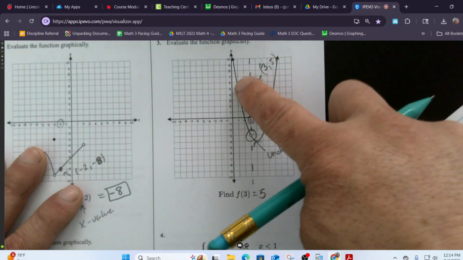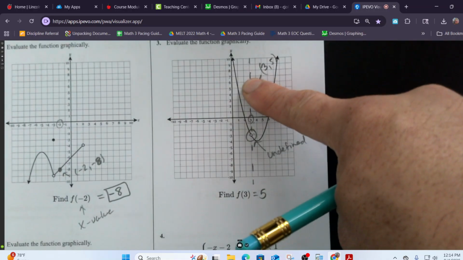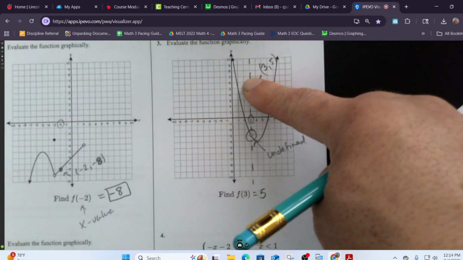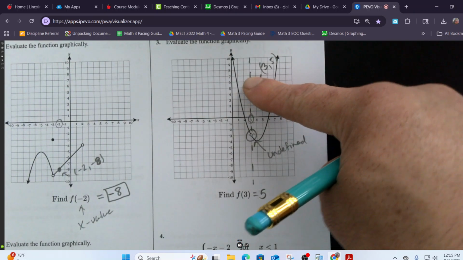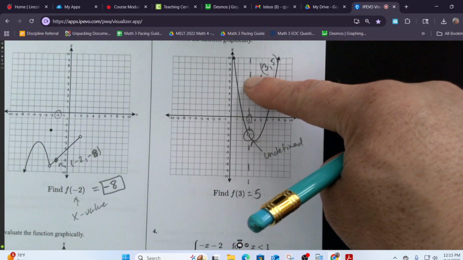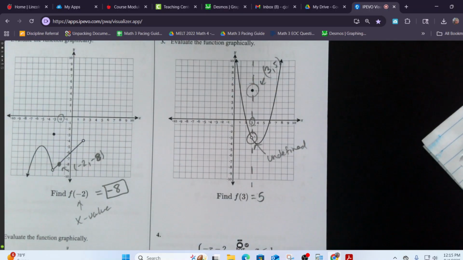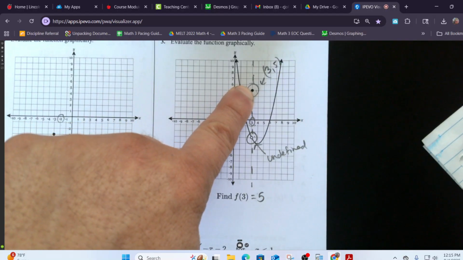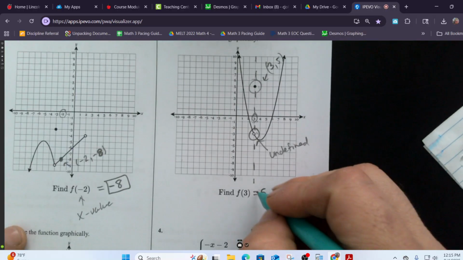Now, say this wasn't here. If that wasn't there, and it asks you f of 3, then you would have to say it's undefined, because that's the only place where it goes through that x equals 3 line. But since you have that closed dot here, it's just the y value of that coordinate.